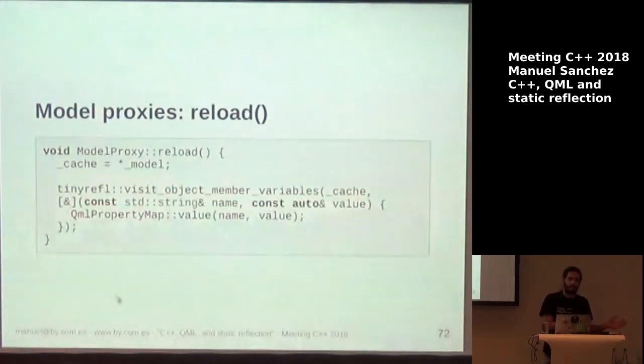We copy the model into the cache, and then take every member of the cache and pass it to the QML property map. Since the QML property map interface is already type safe and knows about the standard types, it's just a line and a for each loop over the members of the structure.